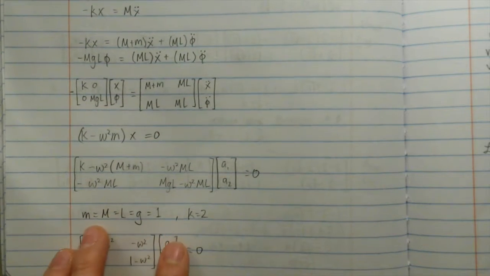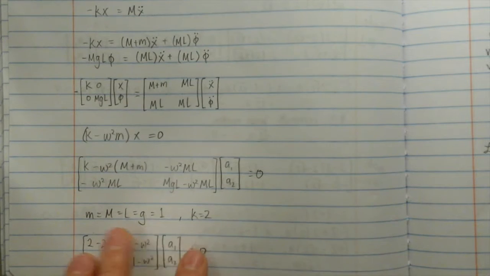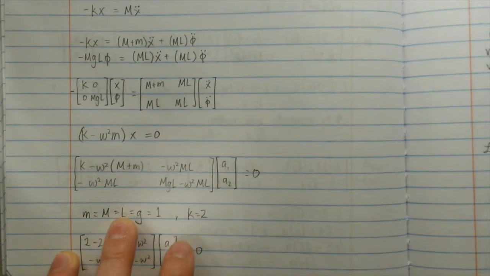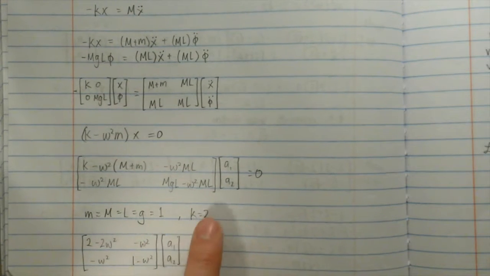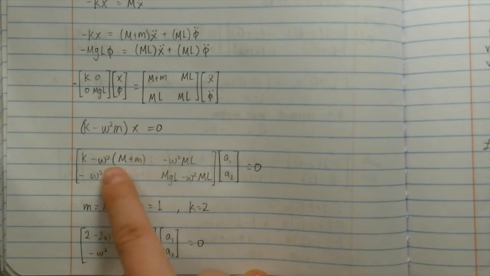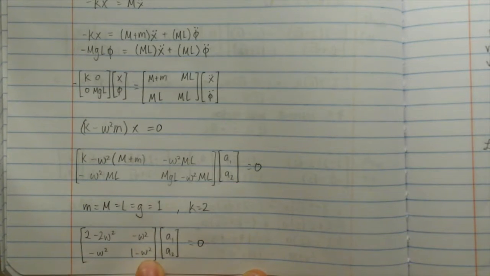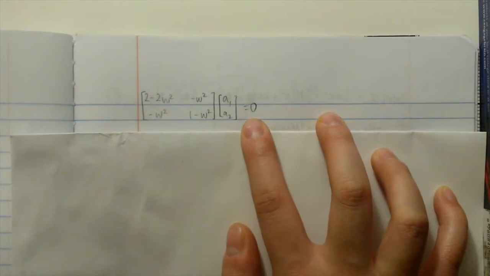And we're given that the mass of the cart equals the mass of the pendulum, and that equals the length of the string, and that equals gravity, which nicely all equals 1, and the spring constant is 2. So if we plug that all into this matrix, we get this simplified, and that we know has to equal 0. And I just went ahead and wrote that same matrix up on top so I'd have it.